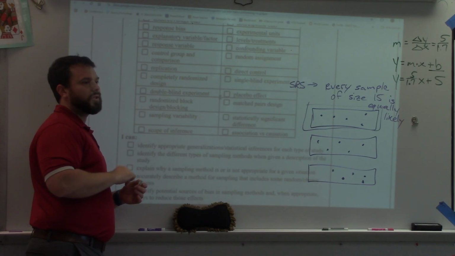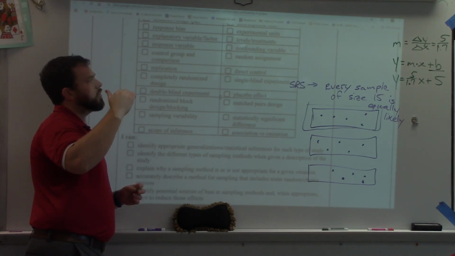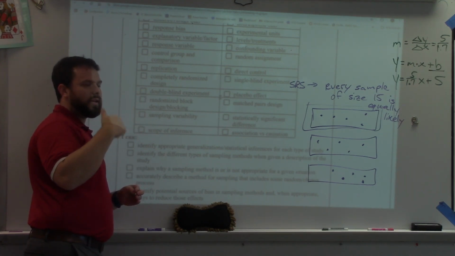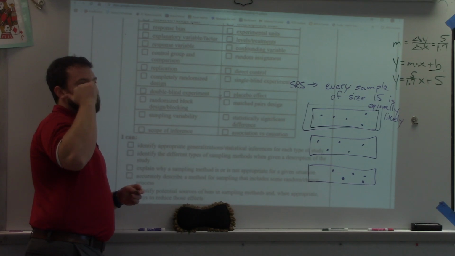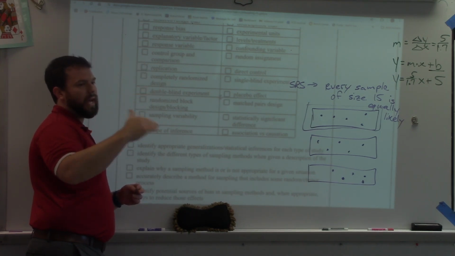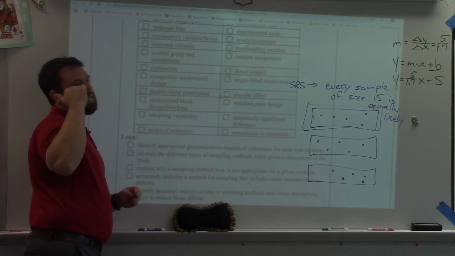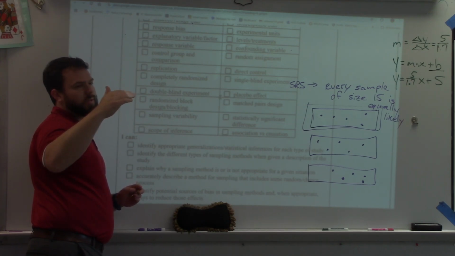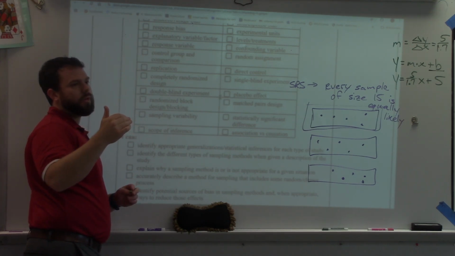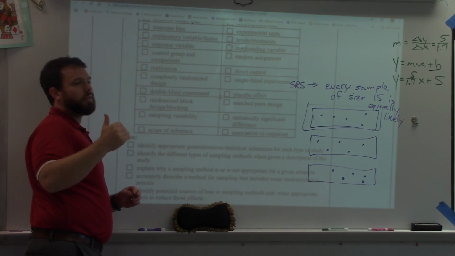Explanatory variables are factors. But then I can do different levels within each of those. For sunlight, I could say it's going to get 12 hours of sunlight each day, 10 hours, or 8 hours. For water, 5 centimeters of water a week, 2 centimeters, or 1 centimeter. Those are the levels within those factors.